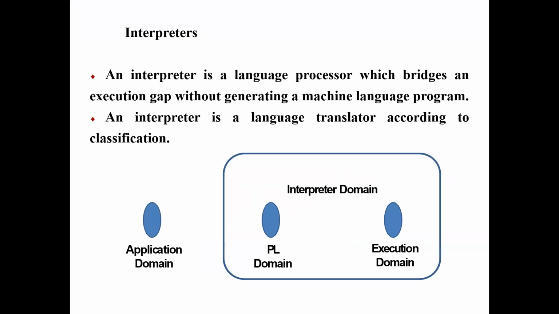Okay, now the interpreters. We started with the application domain and the execution domain, and then introduced the PL domain in between. So what is this interpreter domain? What is the use of the interpreter? The interpreter is useful during program development. Program execution requires either a compiler or an interpreter.